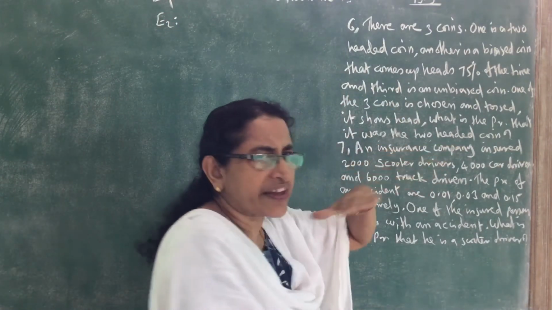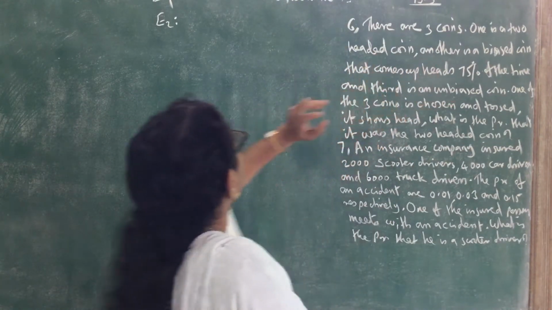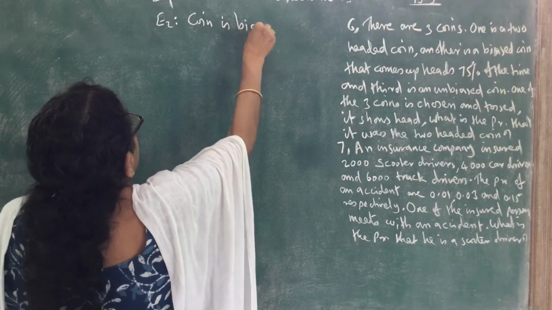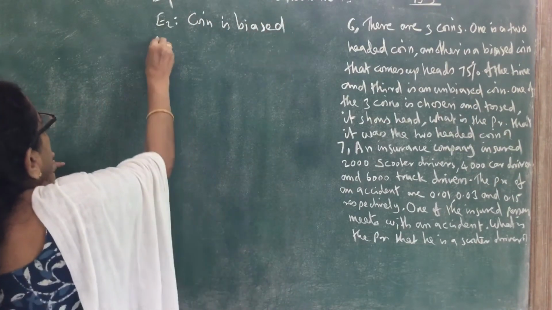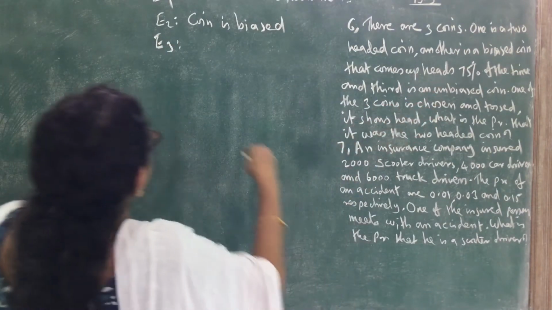See, there are three types of coins. First one, two-headed coin. Second one, biased coin. Then third one is unbiased coin.